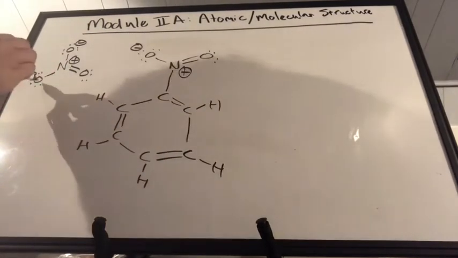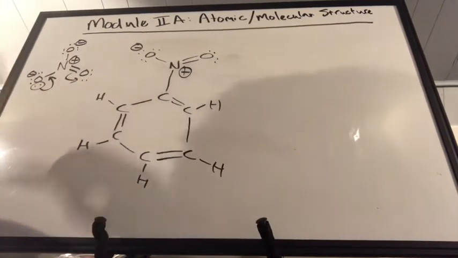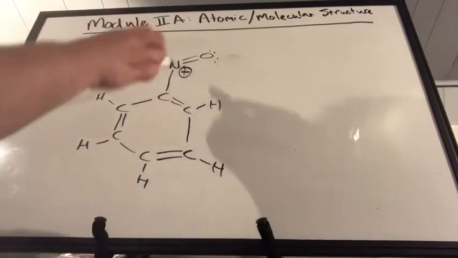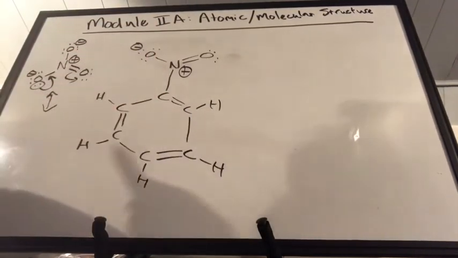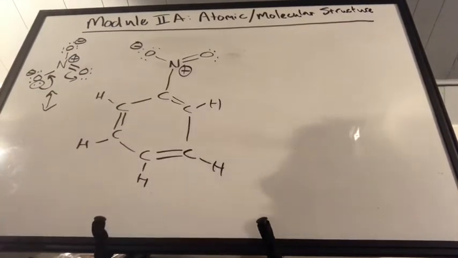Now, can these electrons just kind of flip about? You betcha. Right? So these are going to form resonance structures. So this can also resonate with everything in the ring here. We just haven't really gotten into that just yet, but we will.